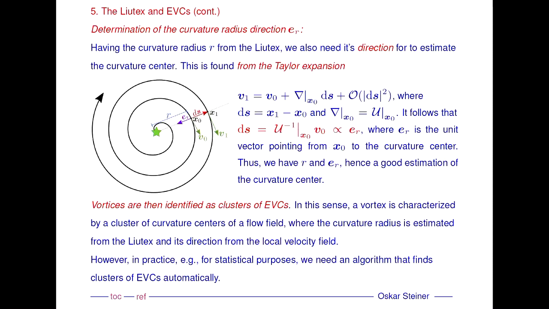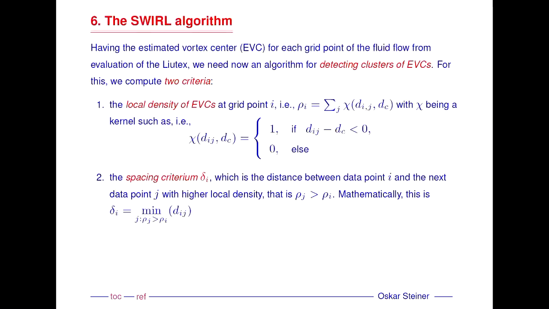So we have the curvature radius and we have the direction, and so we can go point by point through the entire velocity field and find the origin of this curvature. And then we get clusters of such origins, and then it's just a matter of finding these clusters. Of course, if we plot that, we can immediately tell here is a cluster, but we have to tell the computer this.